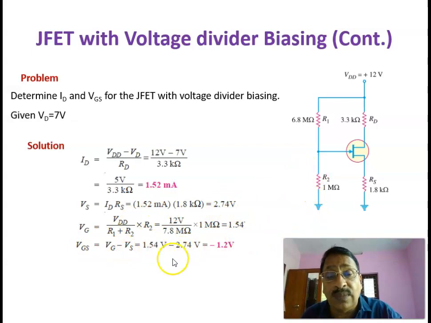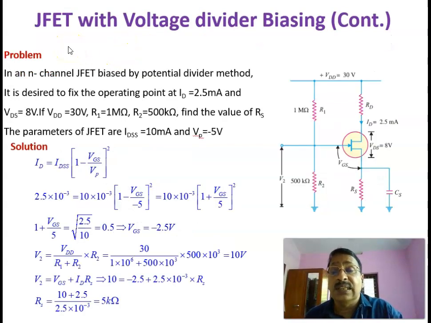The difference is 1.54 minus 2.74, and you will be getting minus 1.2 volts. That is the voltage of the gate with respect to the source, VGS, the gate to source voltage. It is reverse biasing, which is why you are getting a negative sign, for operating in the active region.